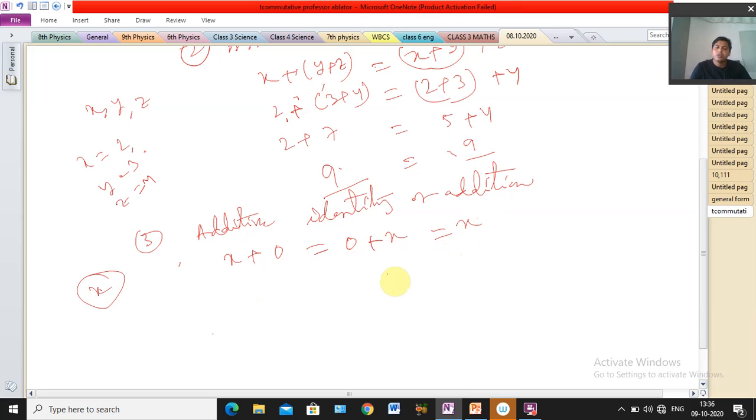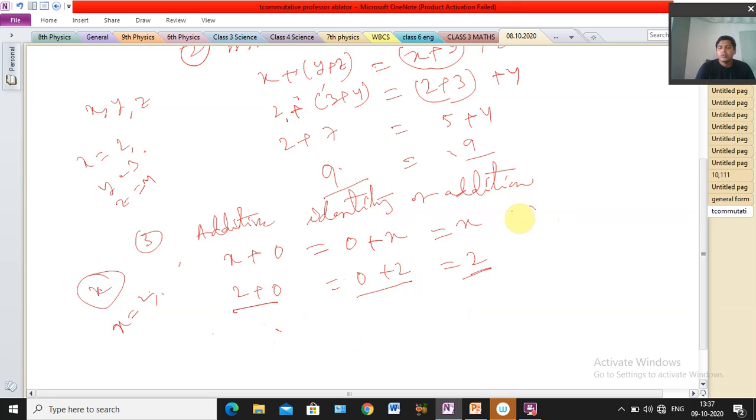Clear? If we take x equal to 2, then 2 plus 0 is 2, and 0 plus 2 is also 2. The same thing is coming. 2 plus 0 is 2, 0 plus 2 is 2. Clear?